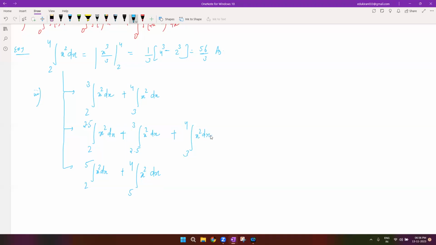I can break this limit in as many parts as I want, right? So this is a very important property. This will come handy while solving some questions. But always remember that you can break the limit as many times as you want.